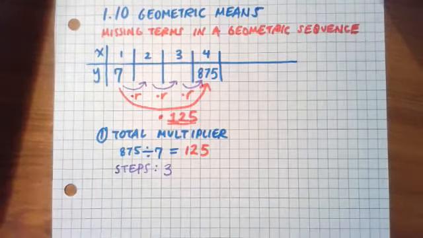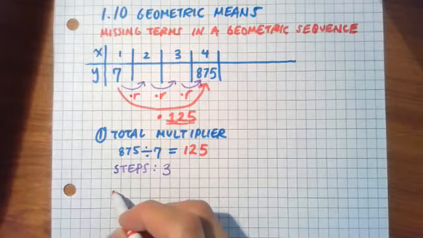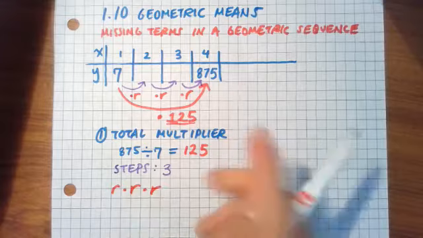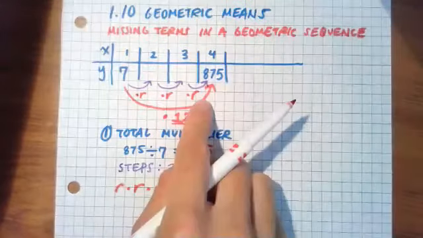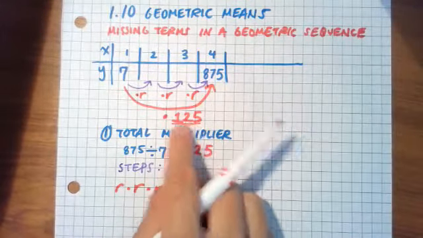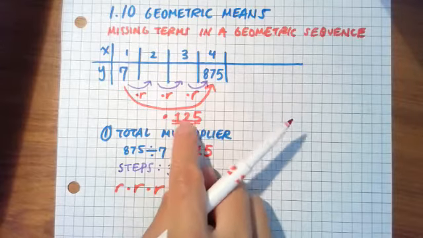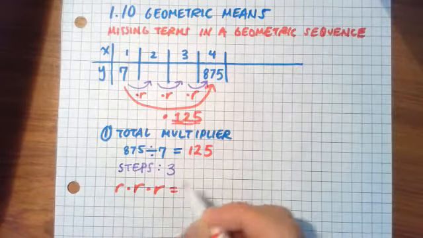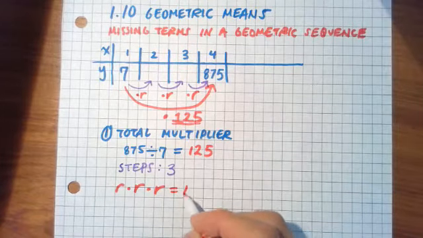So now I know that r times r times r, these 3 r's multiplied together, have to be equal to my total multiplier right here, 125.